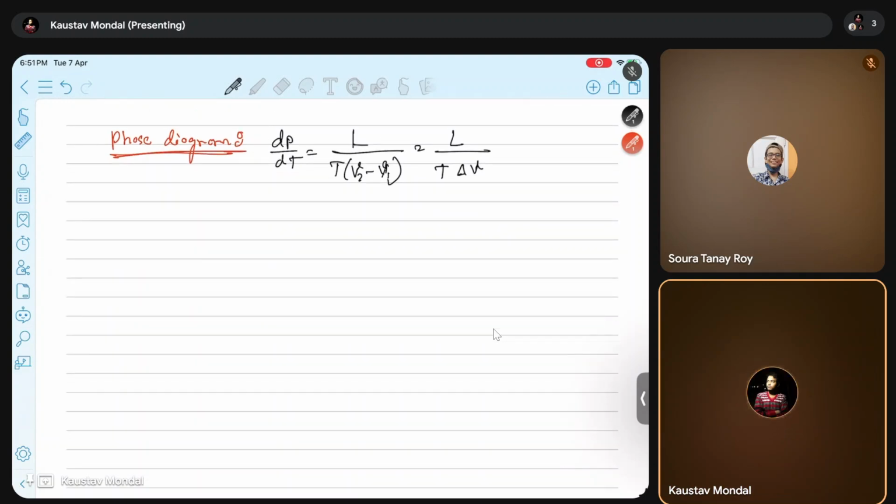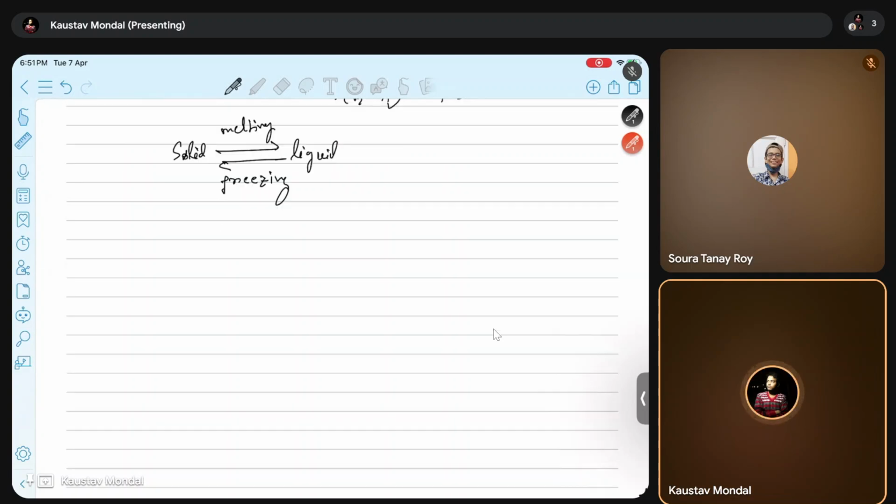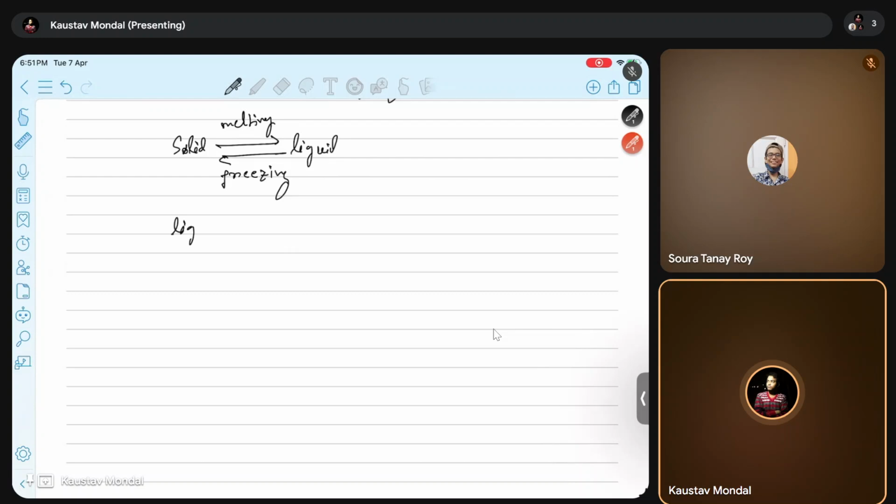There are three different types of transitions. One is solid to liquid, which is melting. From liquid to solid, it will be freezing, right? Same way, from liquid to vapor, it will be boiling, and from vapor to liquid, it will be condensation.